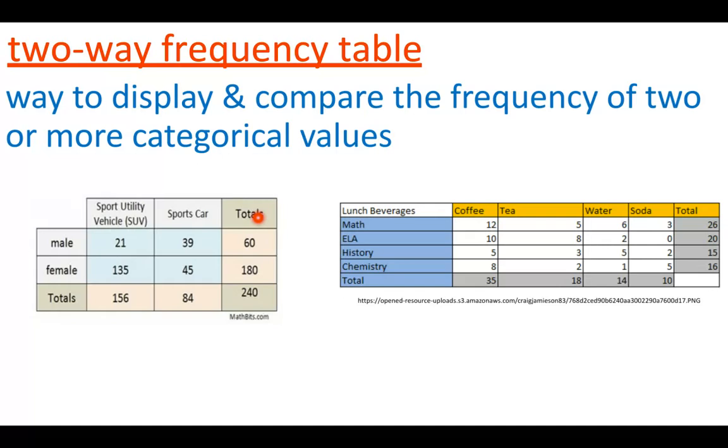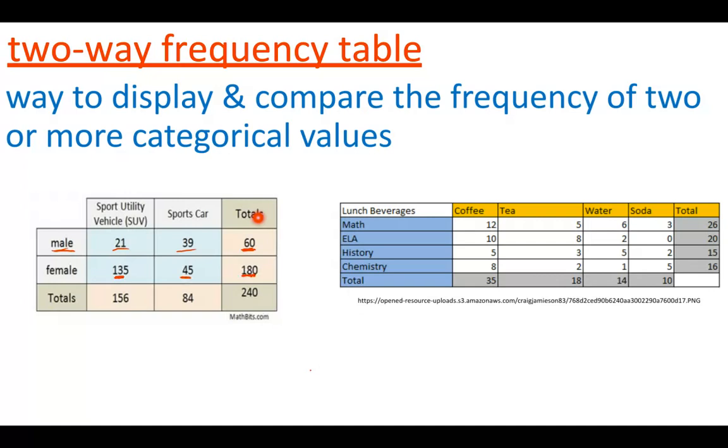At the end of each of these rows and columns, you can see these totals here. When you add these up, if we look at the male row, 21 plus 39 equals 60. And if we were to add the female row, 135 plus 45 is 180.